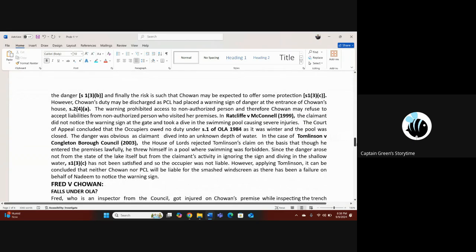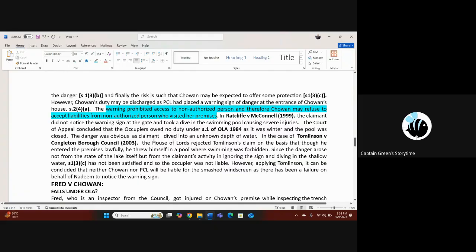Moreover, there was a warning sign also placed. You can look at the warning: access to authorized persons only, and Chauhan may refuse to accept liability towards those people who are unauthorized. Just because Nadeem was an unauthorized person, he falls under the category of trespassers. And there was a warning sign also placed.